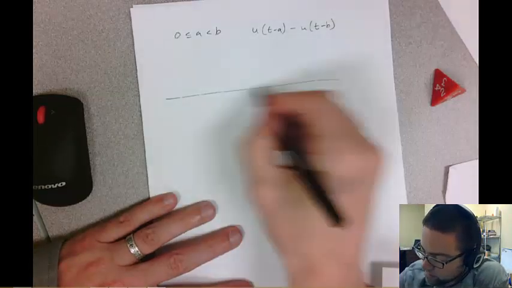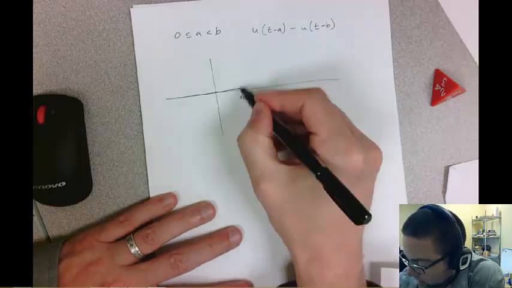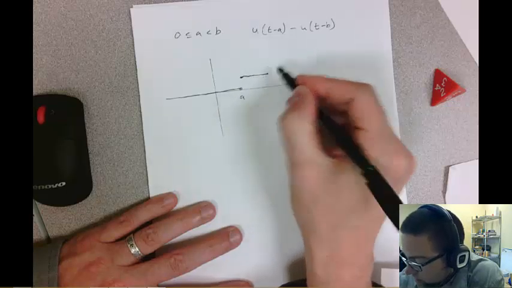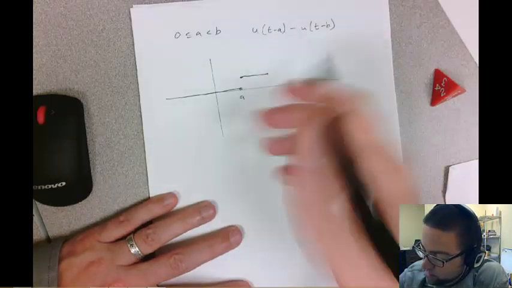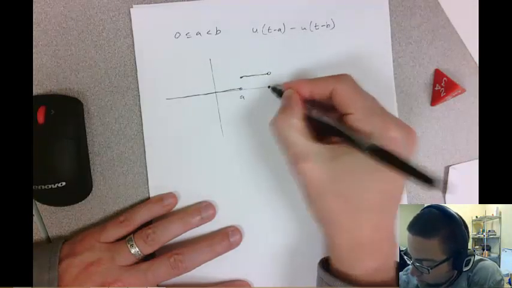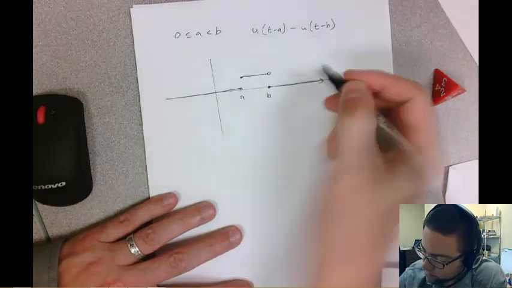What happens is it goes along, it's off, and then at a it turns on, and then it goes along, and then at b it's u minus u, so it's just equal to 0 again. So it turns off, and it looks like that. So this is at b.